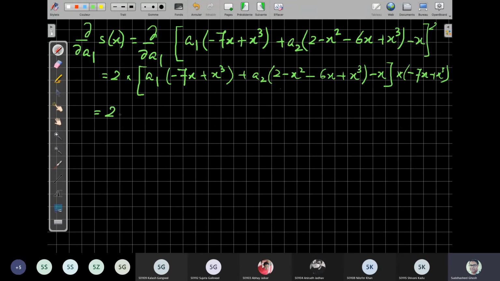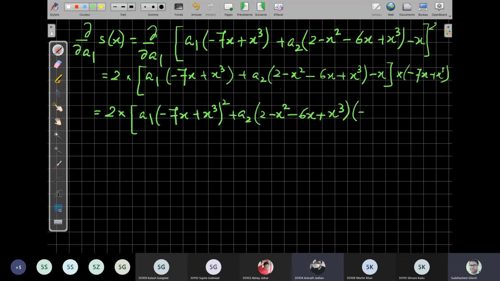So what do I get? 2 into a1 into minus 7x plus x cube, whole square, plus a2 into 2 minus x square minus 6x plus x cube into minus 7x plus x cube. Okay.